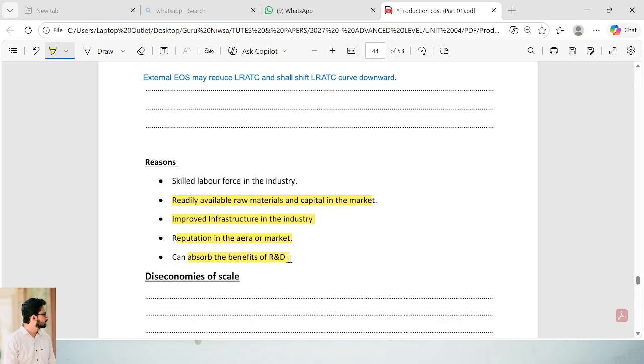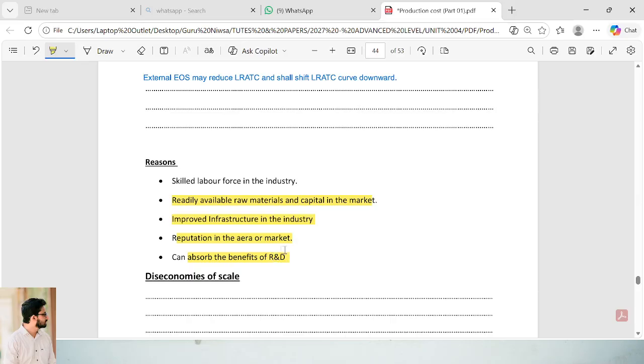They distribute this knowledge with the parties in the industry. Then a firm in the industry can have the benefits from this research and development as well. Get what I said?